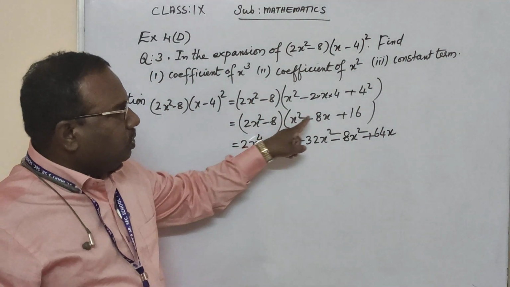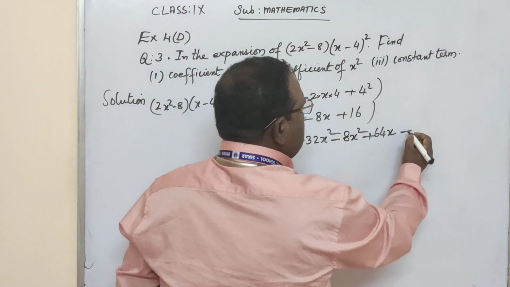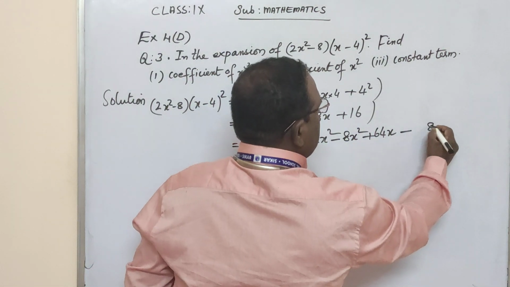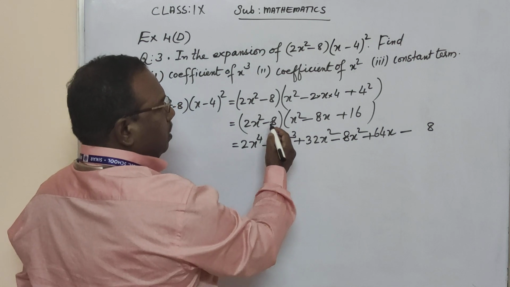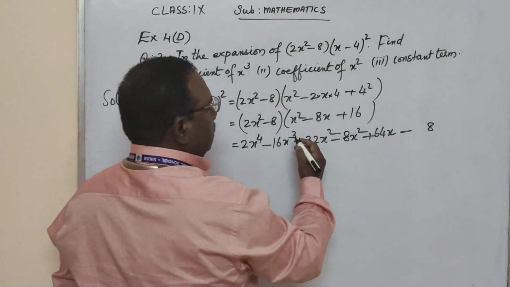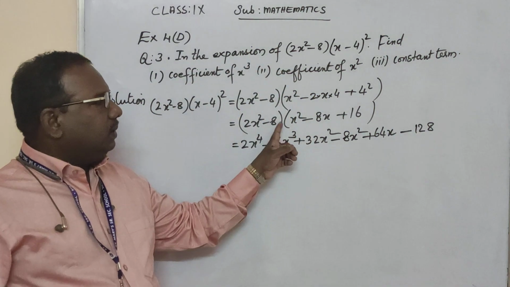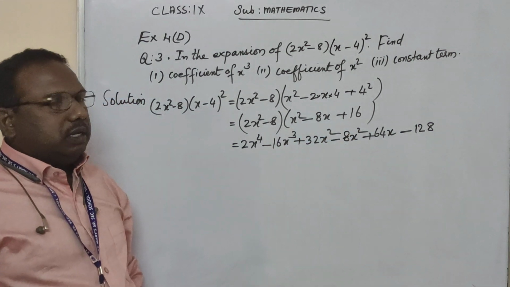Again, −8 into 16, minus into plus, minus, 16 into 8. Let's multiply. −128.